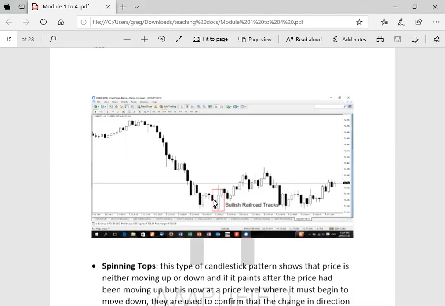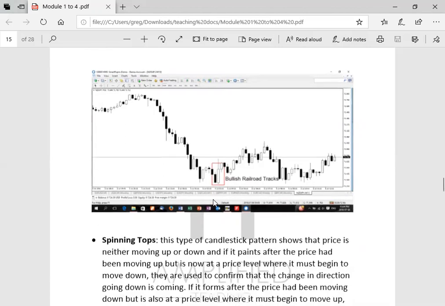Okay, some people call that an engulfing pattern, I think a bullish engulfing. But like I said, it doesn't really matter what you call it, as long as you know how to identify it and how to make money with it. That's the most important thing.